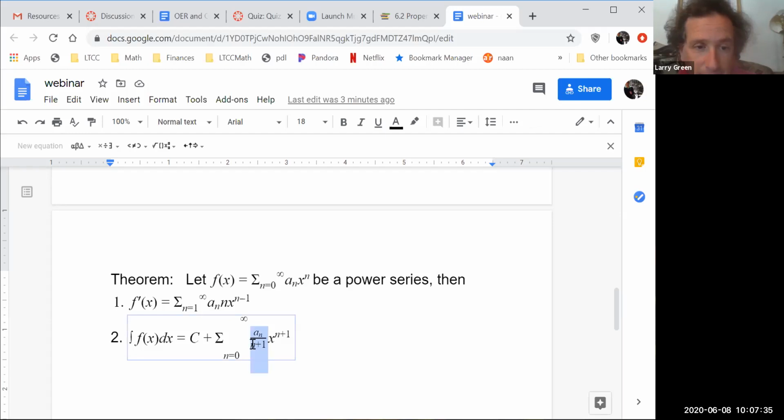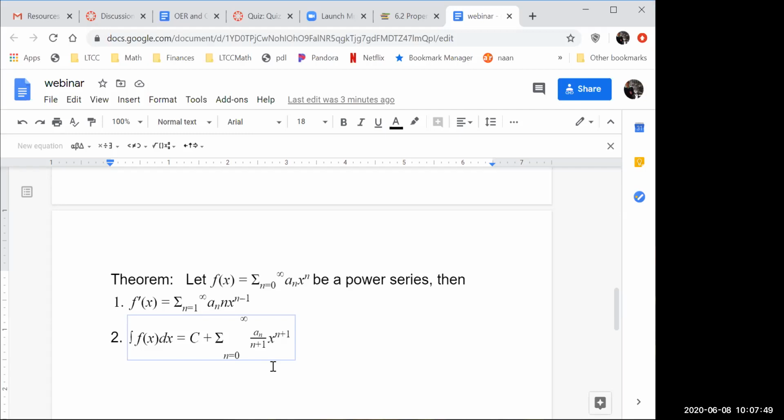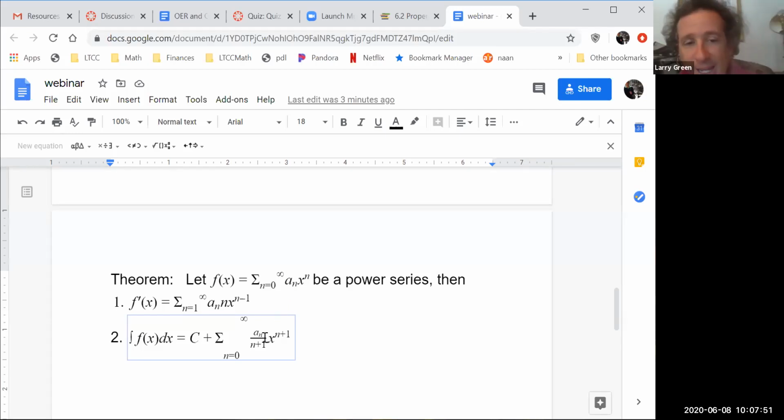N goes to infinity, remember. So now take a look. What's bigger? The f or the integral? The f. Yeah, the f is bigger. So in that case, we got something smaller. So by the direct comparison test, if f converged, so does the integral of f.